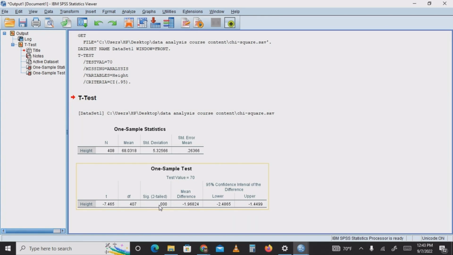From here we are seeing 0.000, which means it is significant. It is less than our significance level, and remember that we're working with a level of 0.05. So from here we can clearly see that there is a significant difference between the mean in that school and the average mean of United States students.